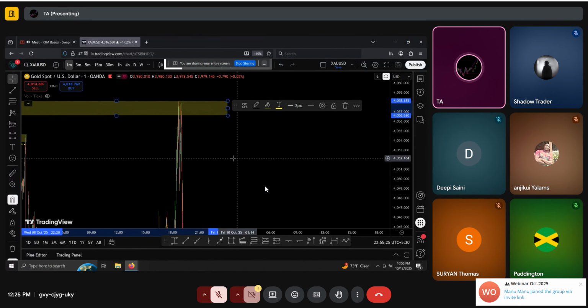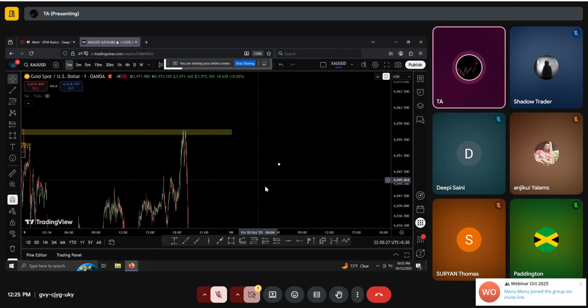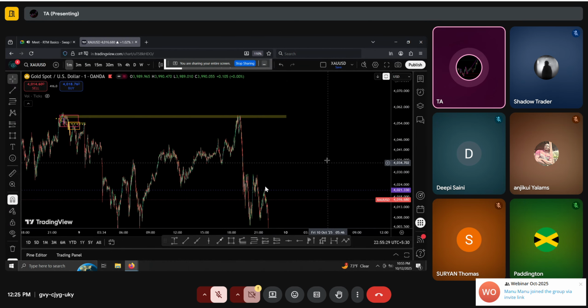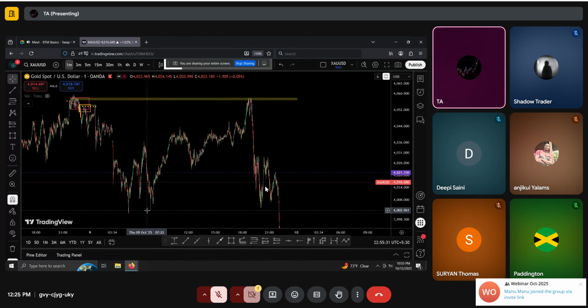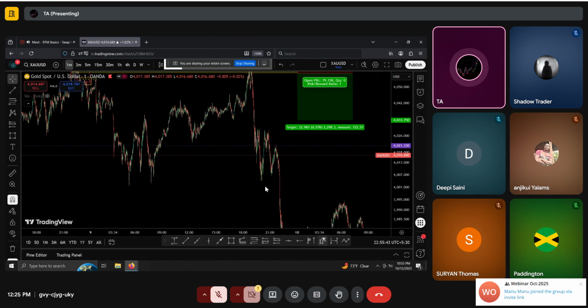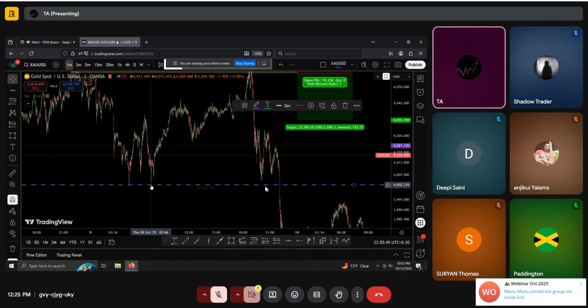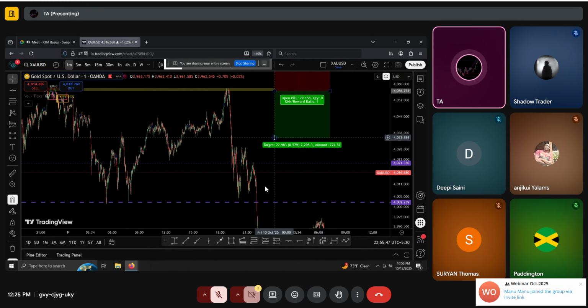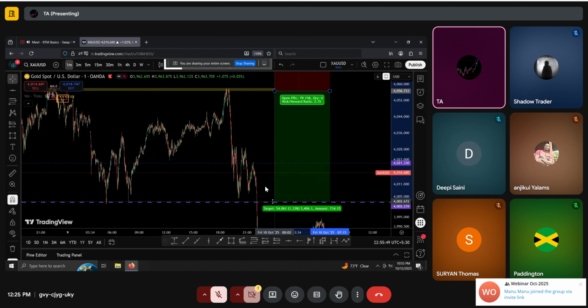Look at this. So what will happen? Price came back to the MPL and goes up from here, right? If we trade this one, price goes up from here, so at least our target should be here, till here.